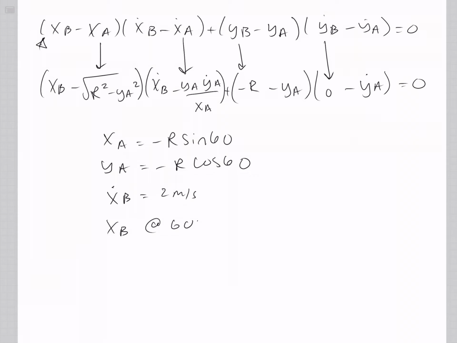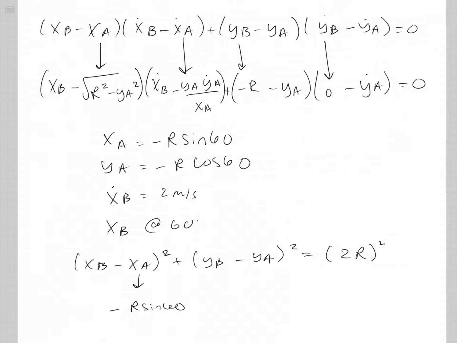Let's look at the version of this equation before we took the derivative of it. That is (x_b − x_a) squared plus (y_b − y_a) squared equals 2r squared. We just found that this is r sine of 60, and this is negative r cosine of 60, and we inferred earlier that this is negative r.